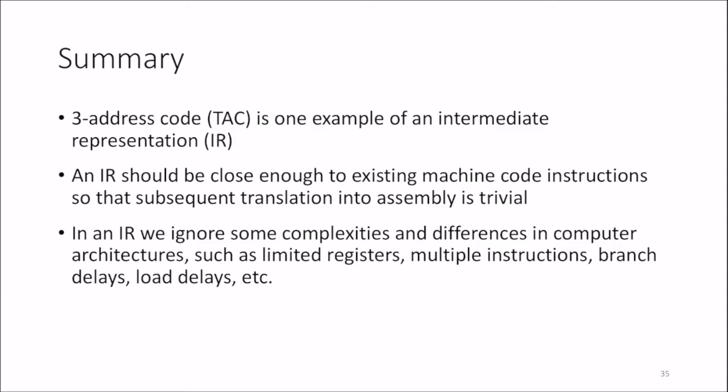Next, we're going to look at static single assignment in more detail, because that's quite important given that LLVM implements that. So we're going to start with a brief intro to static single assignment.